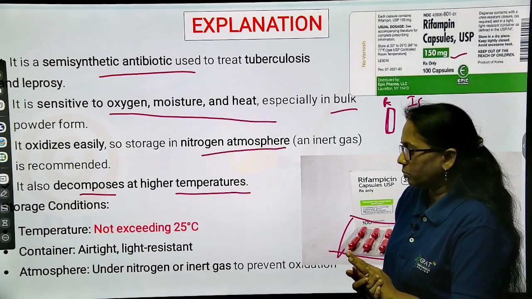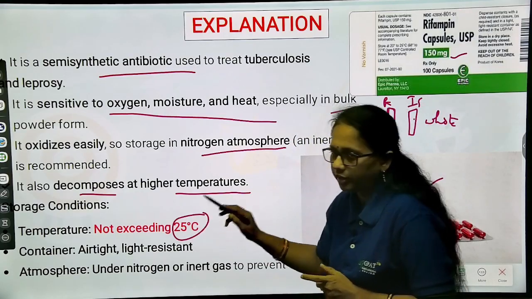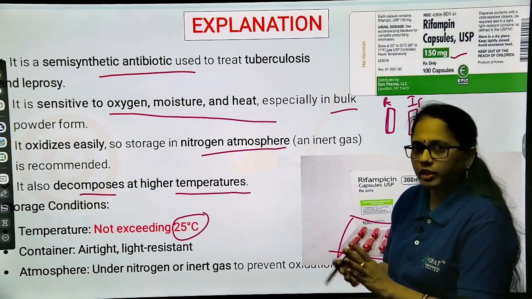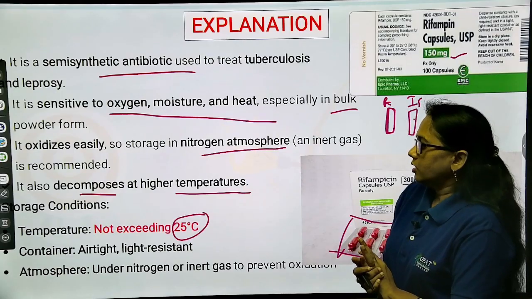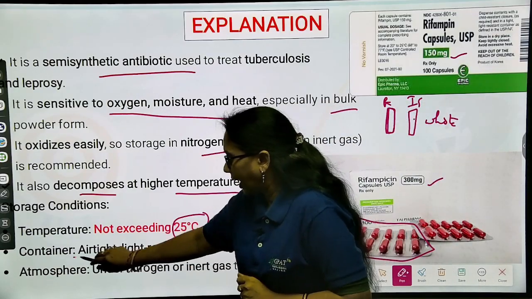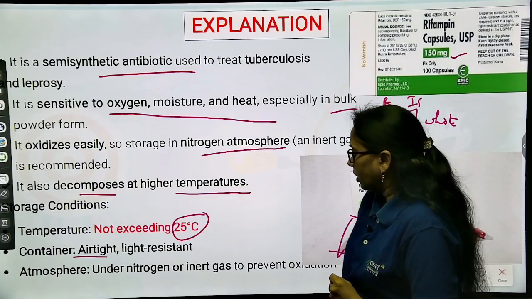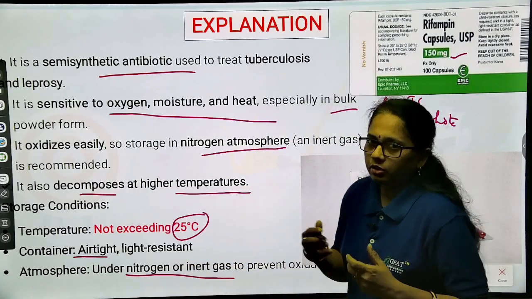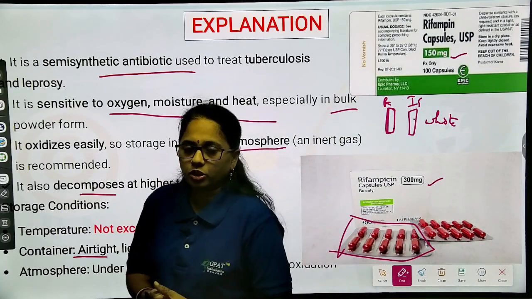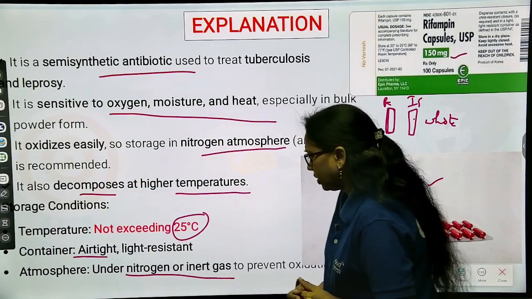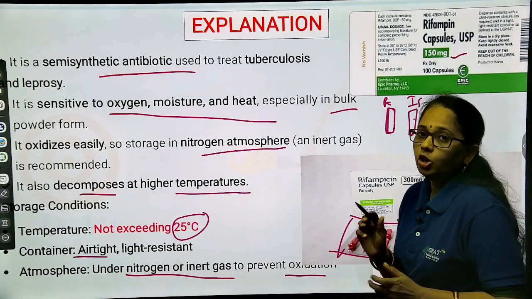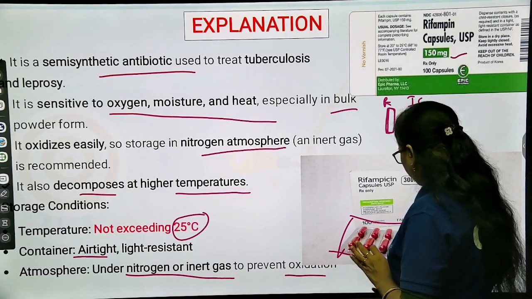Being temperature sensitive, we should maintain it not exceeding 25 degrees centigrade; if it crosses that, it will deteriorate. That is why it is packed in an airtight container and light resistant bottles, and nitrogen or inert gas is used to prevent oxidation of rifampicin.